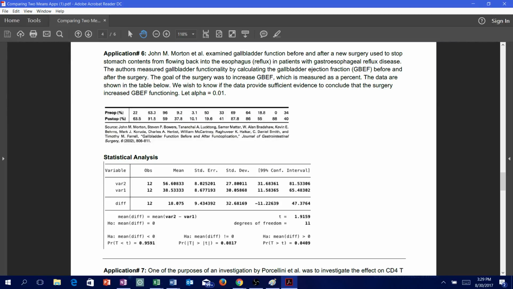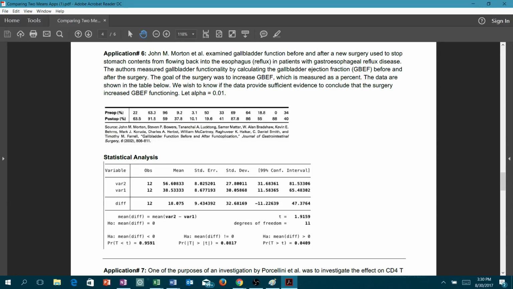Okay, so our p-value is 0.04, greater than... No, greater. Greater. The alpha is 0.001.